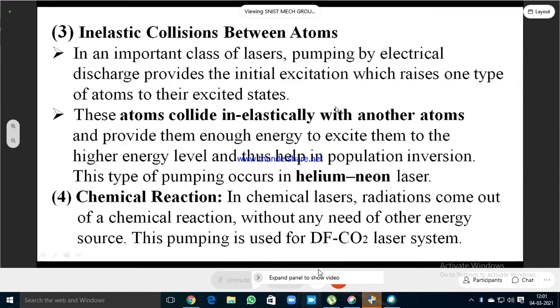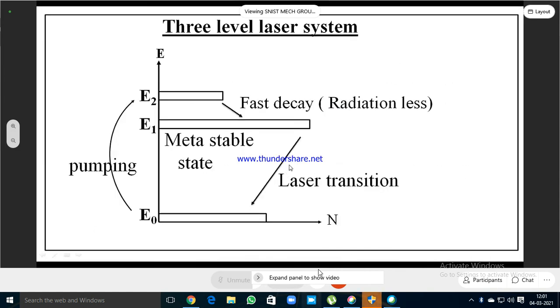Okay, then let's go to the other slide. Okay, here there is a topic: 3 level laser system and 4 level laser system. As we discussed yesterday and today, is it possible to get the laser radiation with two energy states?